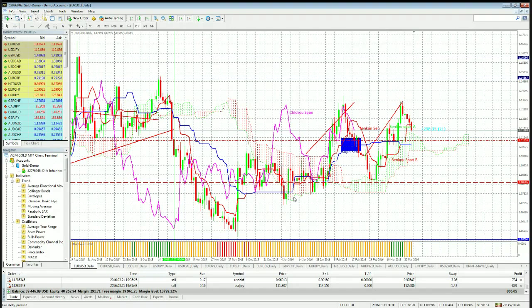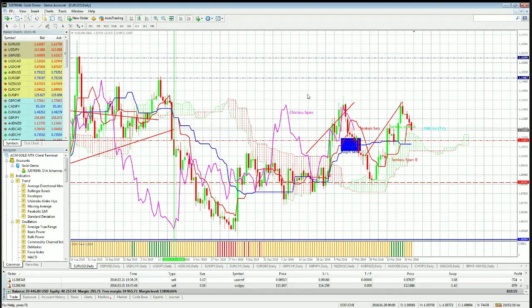Okay, now to give you guys a roundup of what's happening, I've received a few emails here and there requesting information about moving stops, especially when you're in multiple trades on the same chart.